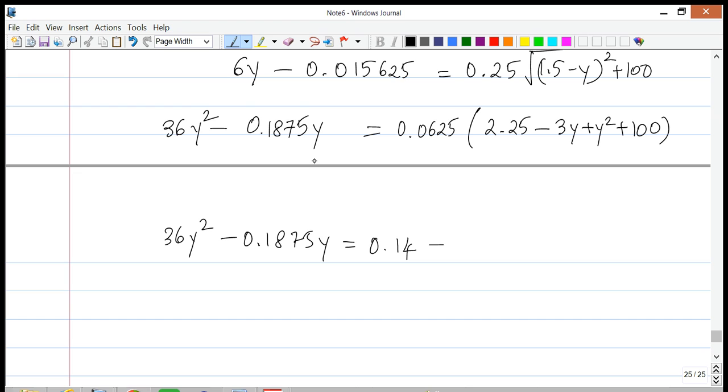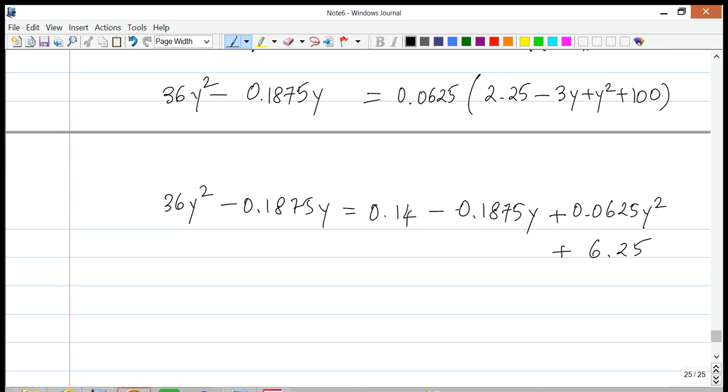It's about 0.1875y. Oh, that's very nice. Plus y squared, so it becomes 0.0625y squared plus 100 times this is 6.25.